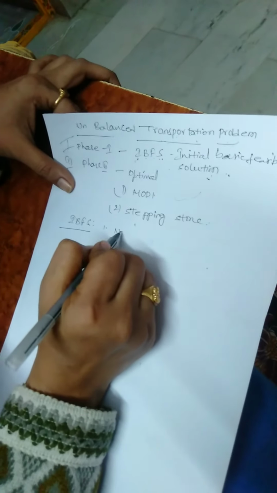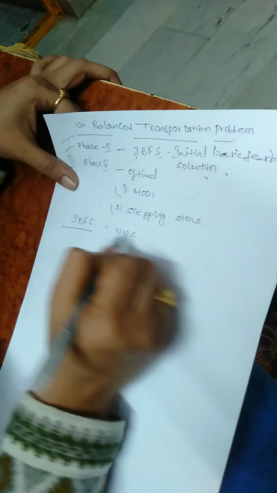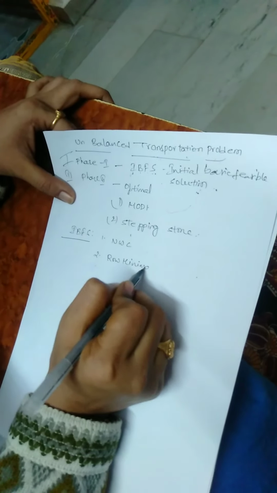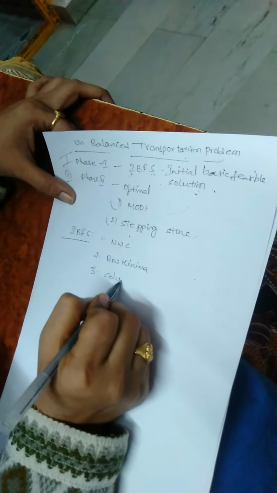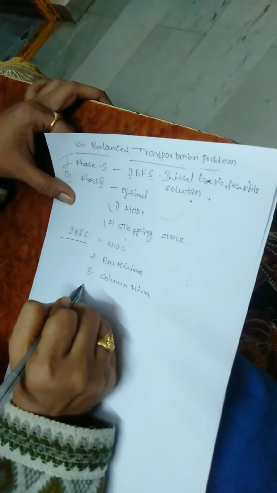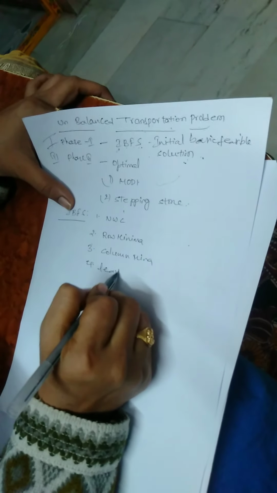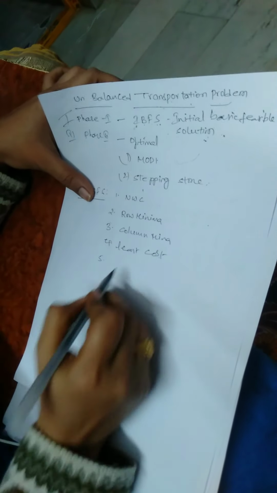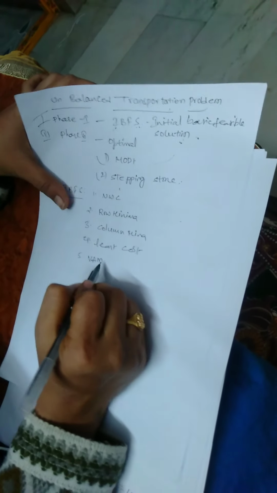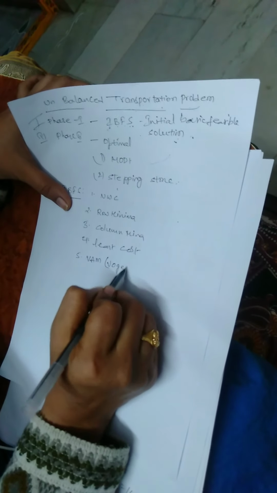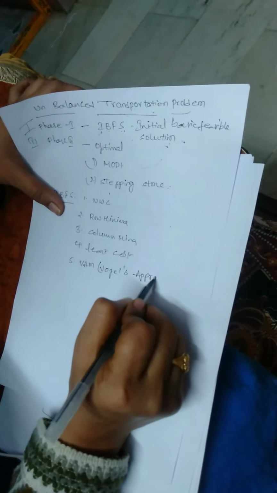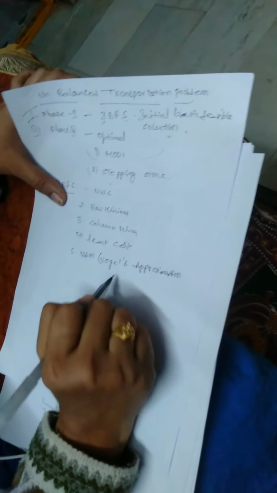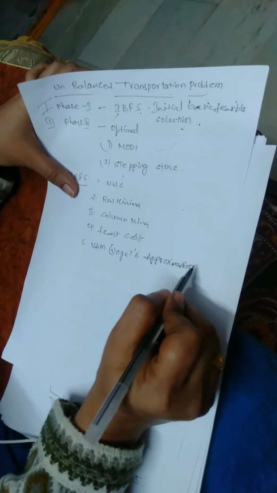The first one is the northwest corner rule, the second technique is the row minima method, the third one is the column minima method, the fourth one is the least cost method, and the fifth one, the mostly used technique, is the VAM technique, which is otherwise also called Vogel's approximation method. It is the generally accepted method, and this VAM technique is used to find IBFS.